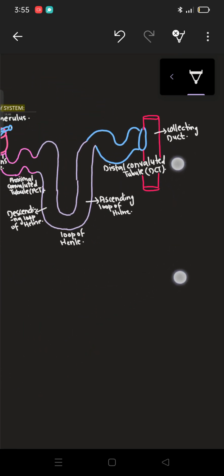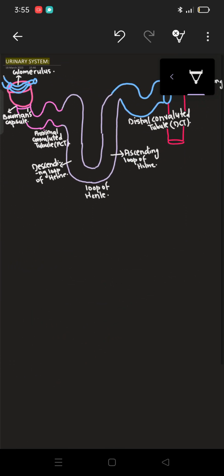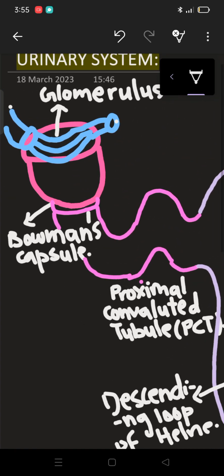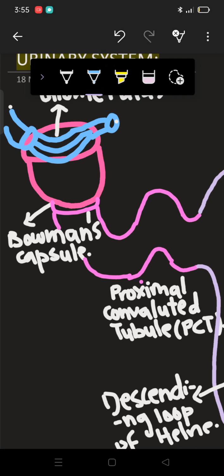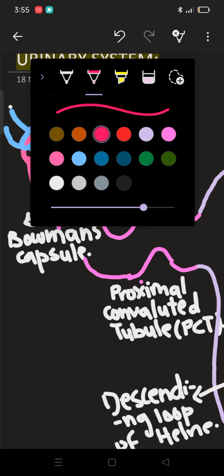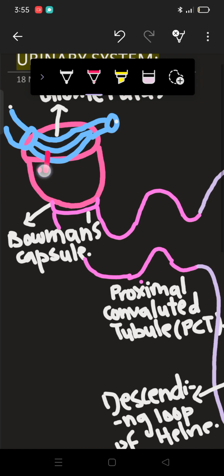So this is the structure of the nephron we have. First of all, we have the glomerulus from where the urea is coming. Then it will get filtered. Here the filtration will be happening, and that filtration is ultrafiltration, which means filtration done under pressure.